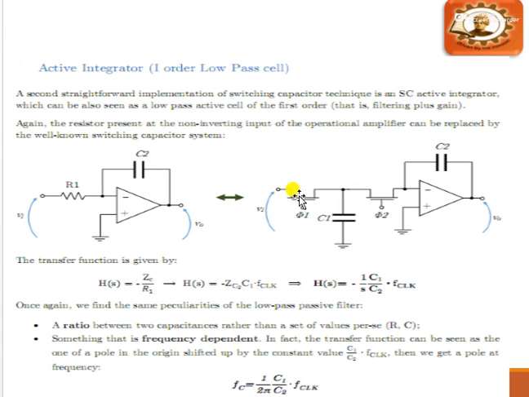So we can say that our transfer function depends upon the ratio of C1 and C2. It is also frequency dependent. With the clock, the cutoff frequency Fc is equal to 1 by 2 pi C1 by C2 FCLK. That is also tunable, and we can move the value of Fc just by changing the clock frequency FCLK.